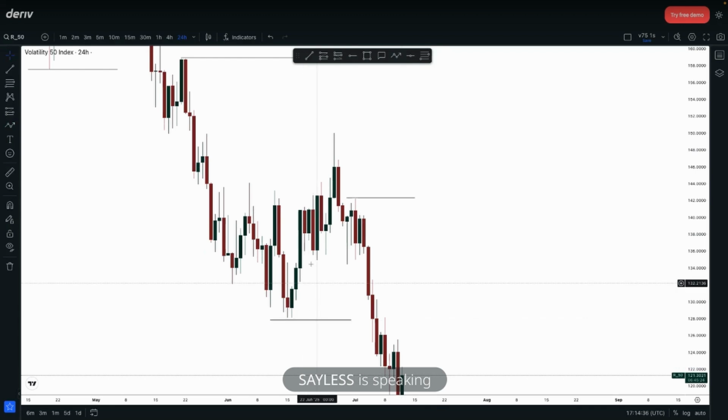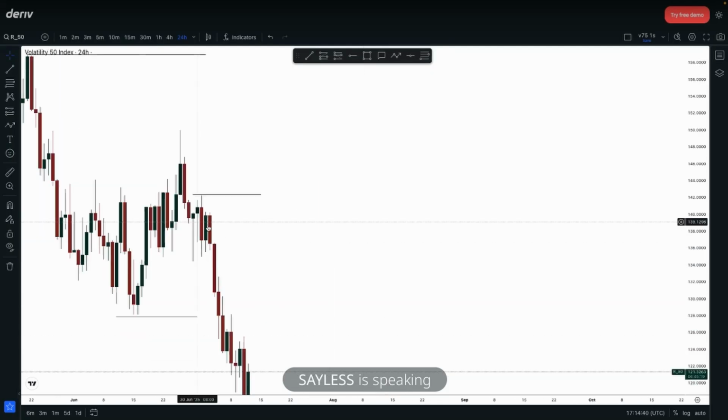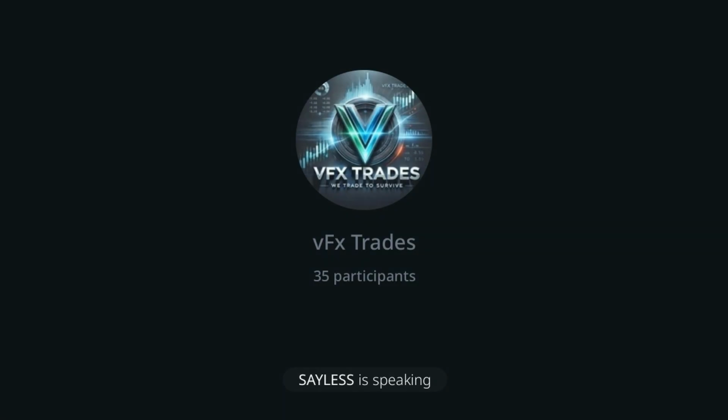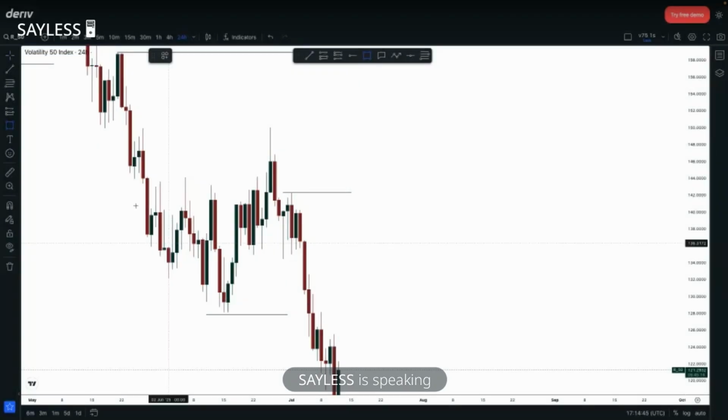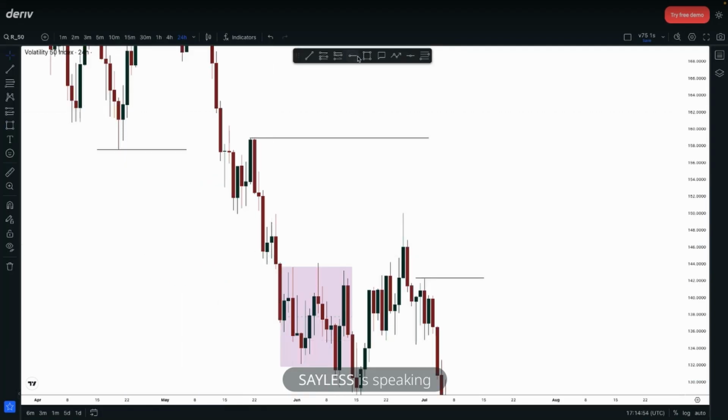Sideways is when the market is really not giving you any direction. For example, you can say that from here to here, in this box, we had a sideways movement, because the market is kind of stuck. But then from here to here, we have a trending market, because it's going downward, it's going in one direction, it has chosen a direction.